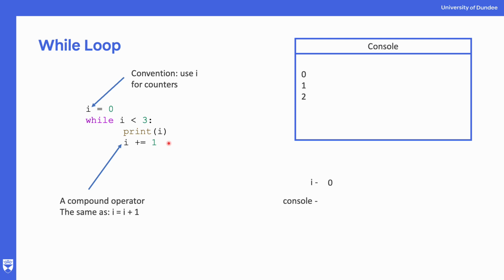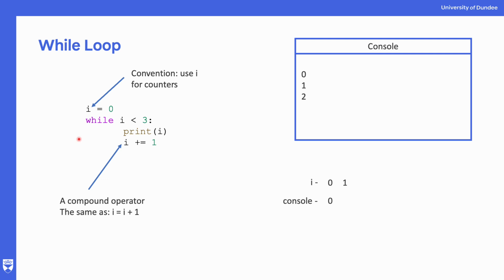The first thing I've done is set i to be 0. I know that 0 is less than 3, so I print out i, and then i increments by 1, so i is 1. I go back to the top of my loop. Is 1 less than 3? Yes.